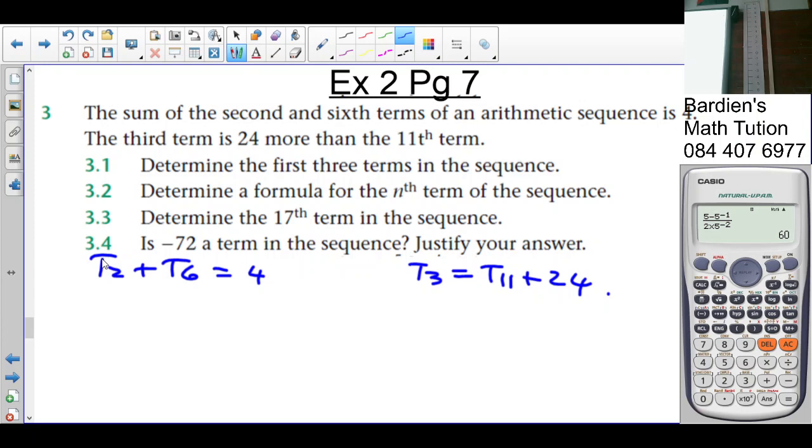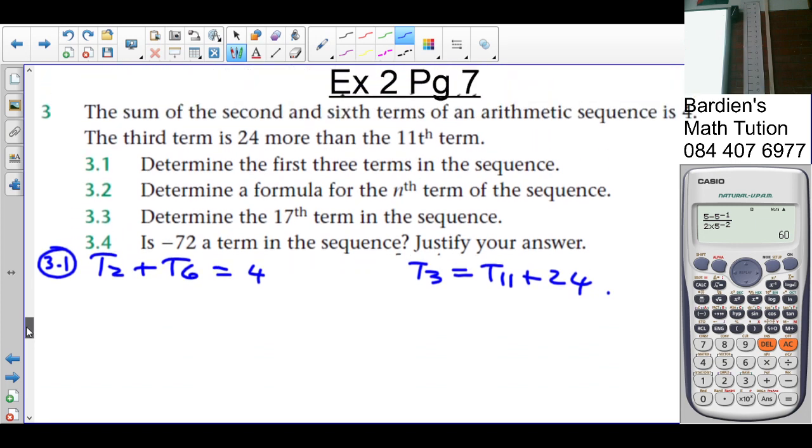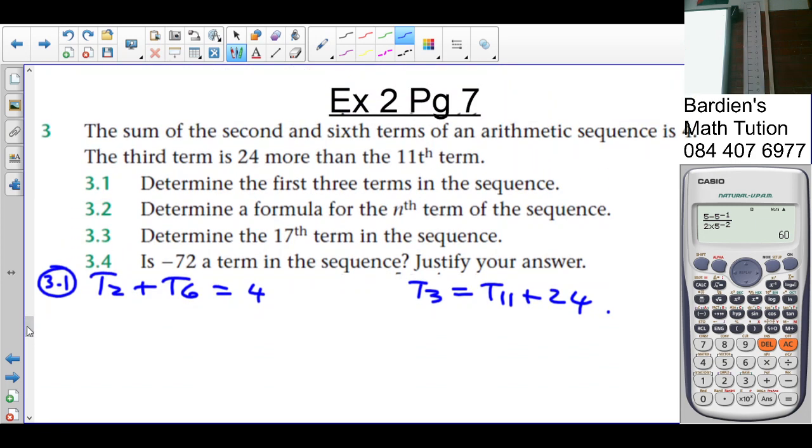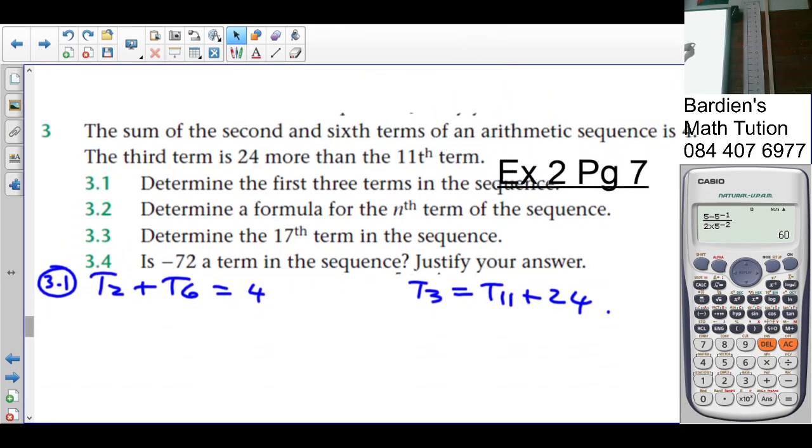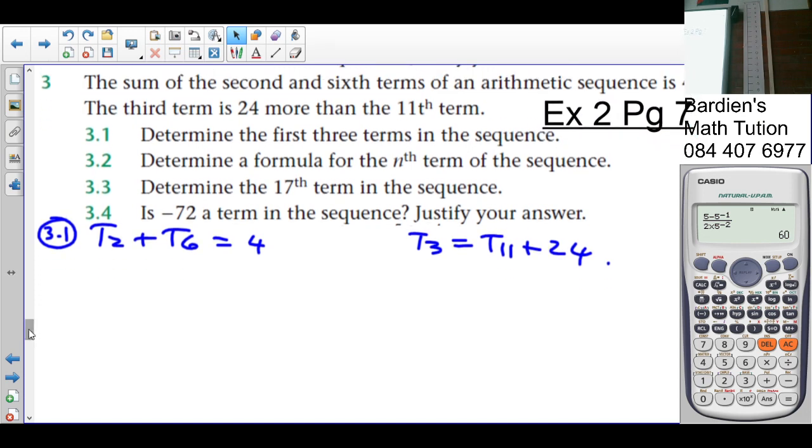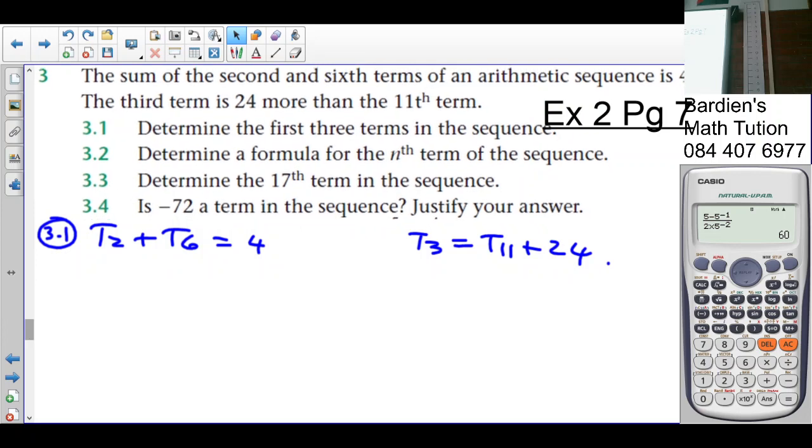The first question says, determine the sum of the first 3 terms of the sequence. So what do we need for the first 3 terms? We need A and D, not so? We know that the general term of an arithmetic sequence is Tn equals A plus (n minus 1)d.